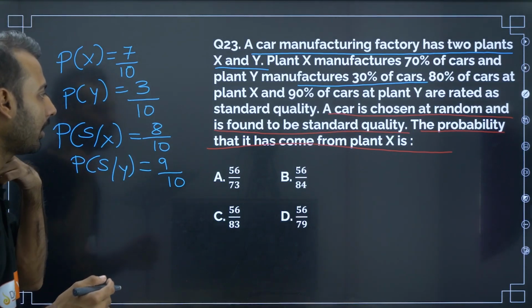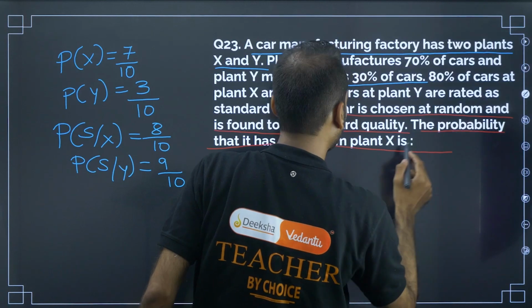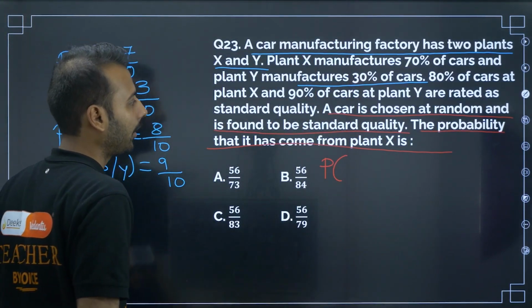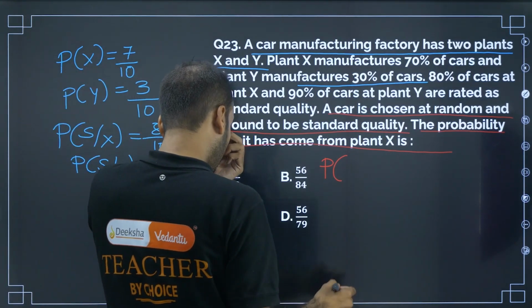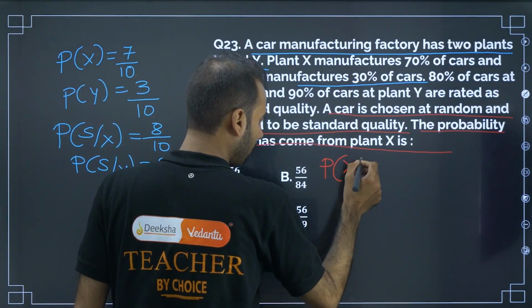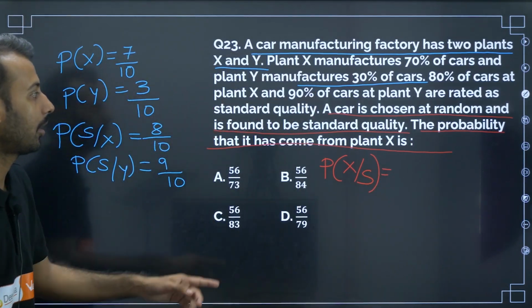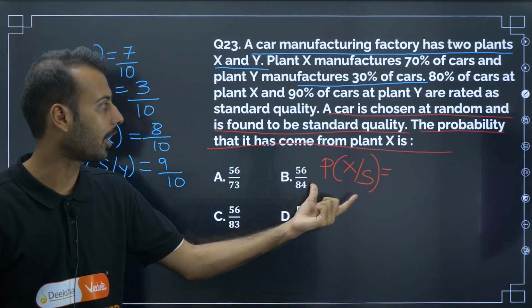The probability that it has come from plant X is. So what is the question? The probability that it has come from plant X, given that it is of standard quality.